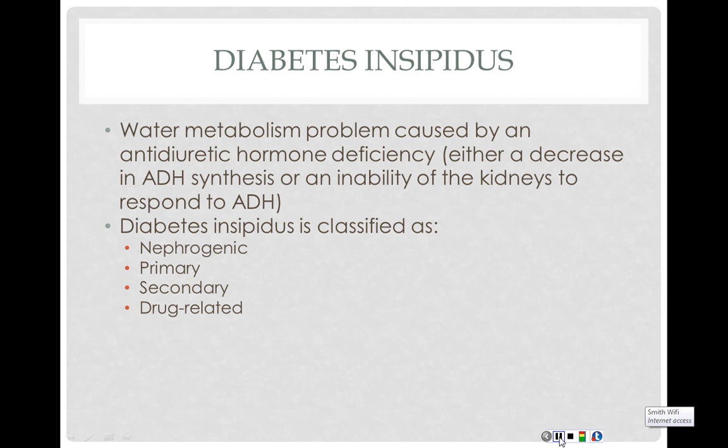And so diabetes insipidus is classified in these ways: nephrogenic, primary, secondary, or drug related. And so diabetes insipidus is a disorder of the posterior pituitary gland. When a person has this disorder, the person is losing too much water.